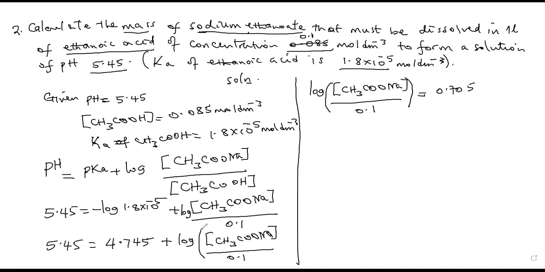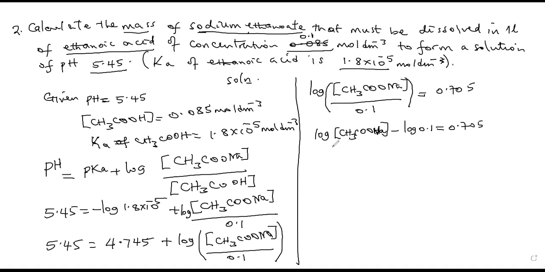After getting this, now this logarithm is for the whole of this value. And what does it imply? If the logarithm is for the whole of this and you're dividing, it means that the safest way is to subtract. So we are going to say logarithm of the concentration of sodium ethanoate minus logarithm of 0.1 shall be equal to 0.705.